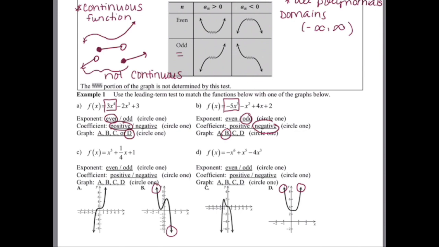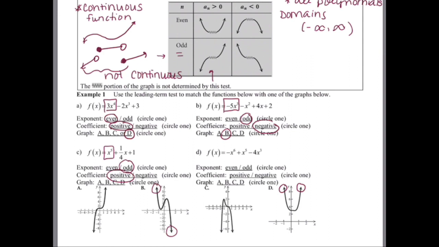All right, letter C. I have x to the fifth plus 1/4 x plus 1. Written in descending order already, so I'll grab my leading term here. My exponent is odd, but my coefficient is positive. It's a positive 1.